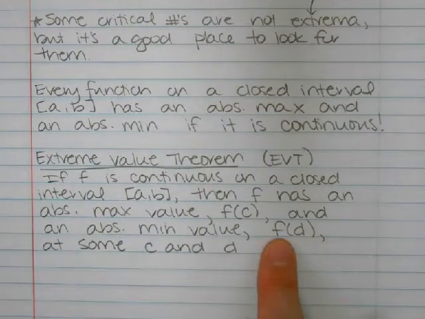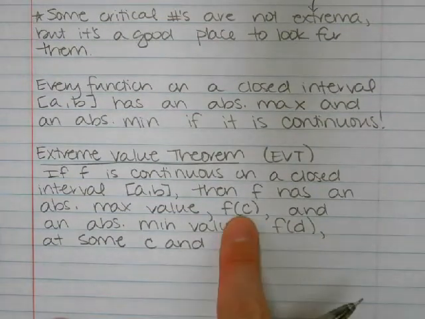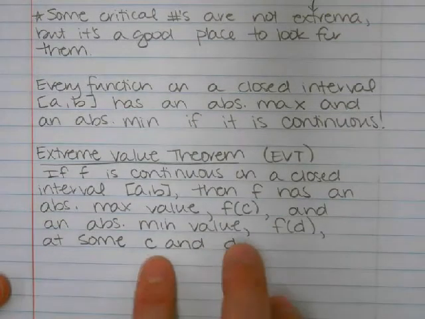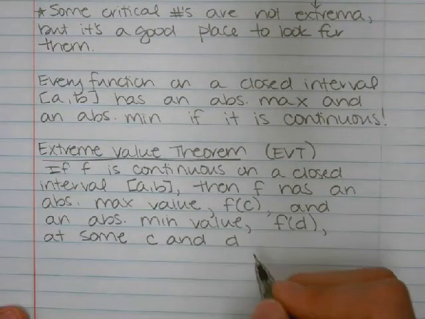So we're saying that it has a highest value, that's a y-coordinate when you plug in c. It has a lowest value, that's the y-coordinate when you plug in d. And so these are at some x values that are c and d.